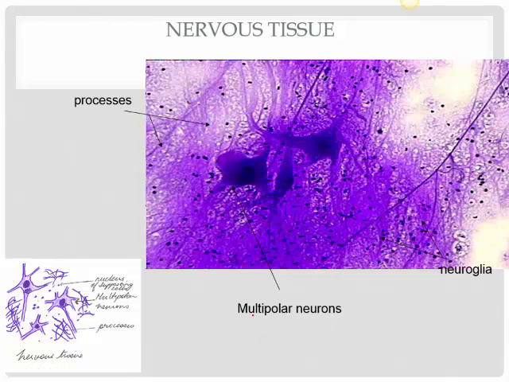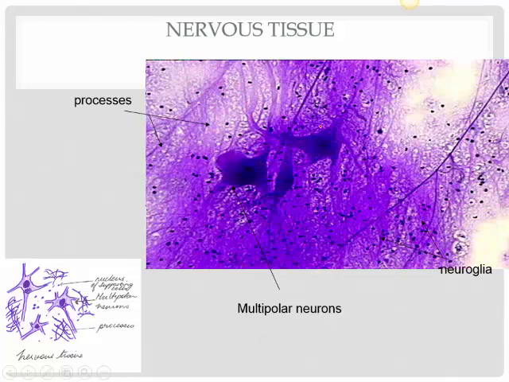So here, if we take a look, you can see the multipolar neurons. The neuroglia look like little dots. You cannot make out the neuroglia on a slide. Up here again, in a slide of the brain, you can tell they are multipolar because you can see many processes, and this is one axonal process.